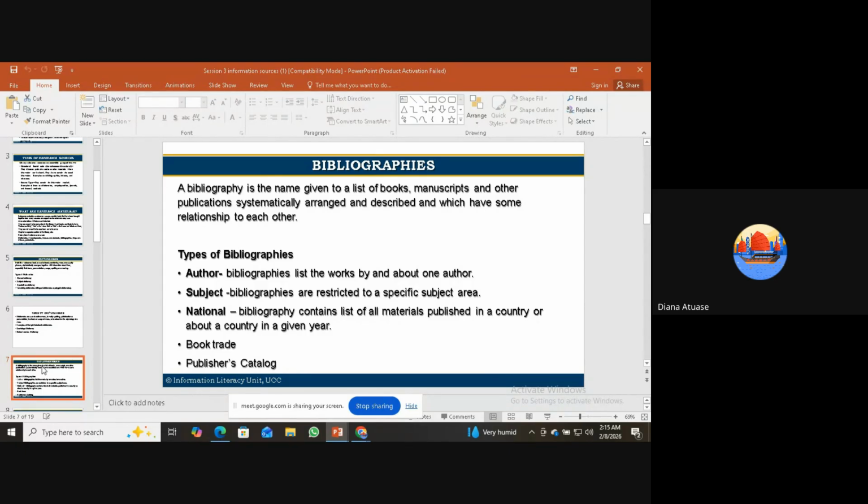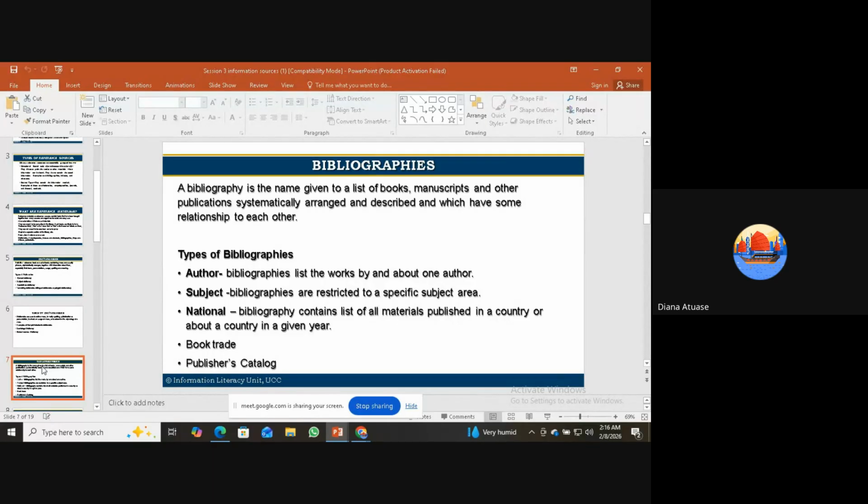We move on to bibliographies. So bibliography, I've explained it over and over again. It's just a list of books, and they are systematically arranged. Bibliographies are arranged alphabetically, and they are just lists of books or publications by authors.